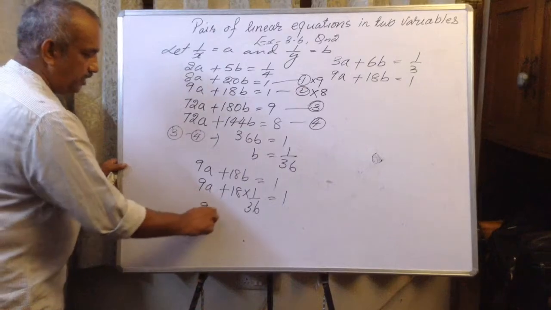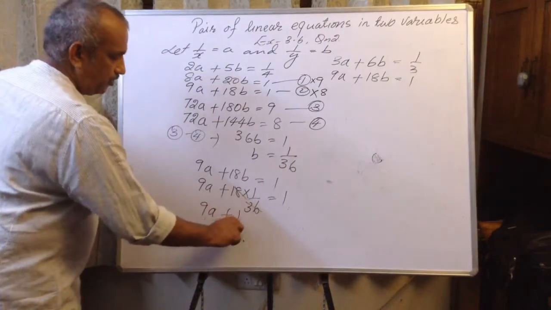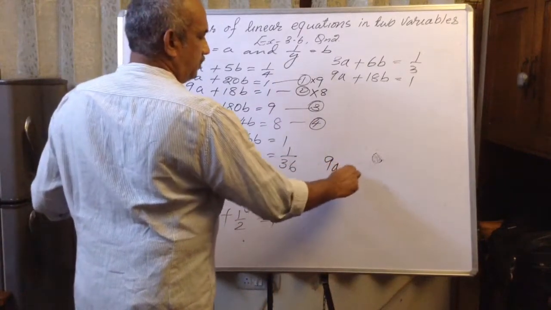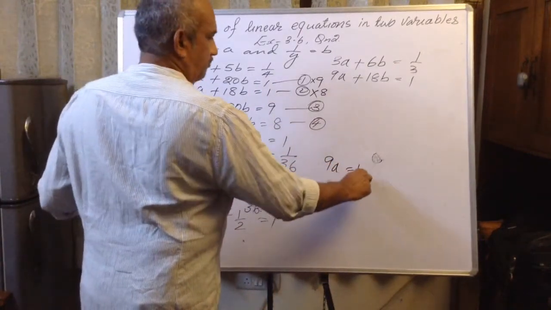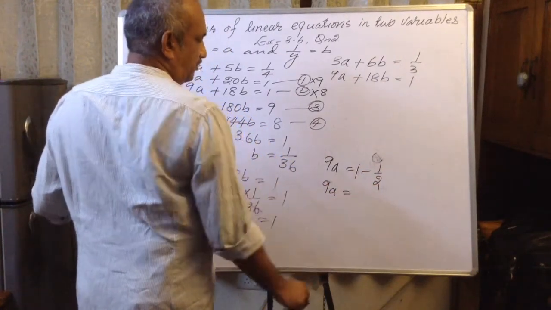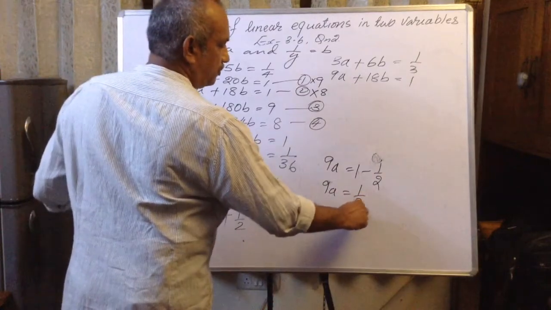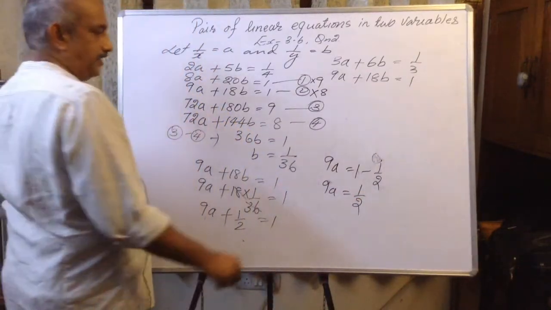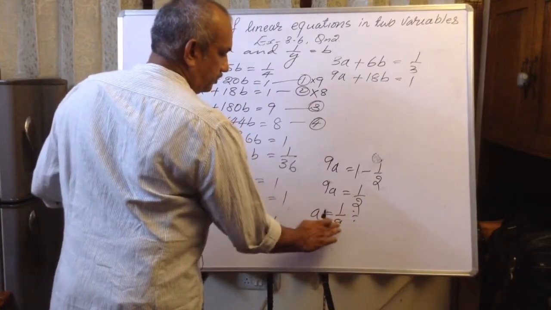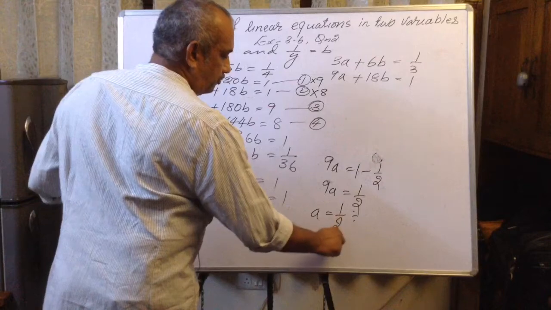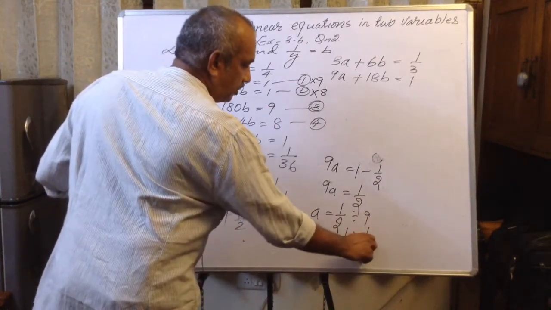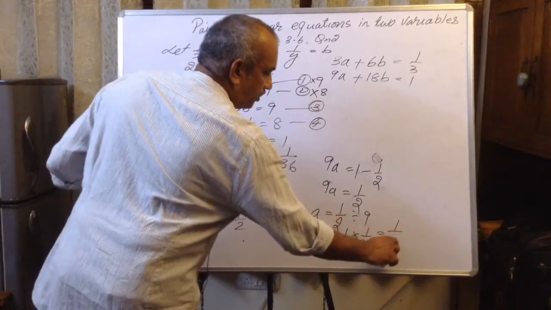So 9a plus, cancel, 1 upon 2 is equal to 1. 9a is equal to 1 minus 1 upon 2. 9a is equal to half plus half is 1, so 1 upon 2. Now when 9 is taken to the other side, divided, a is equal to 1 upon 2 divided by 9, is equal to 1 upon 2 multiplied by 1 upon 9, is equal to 1 upon 18.